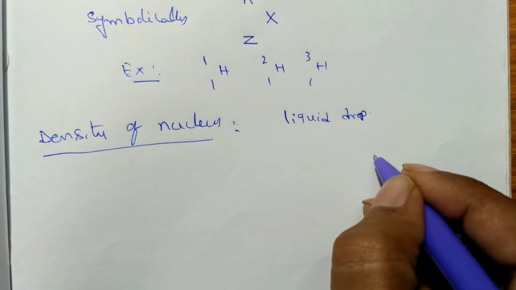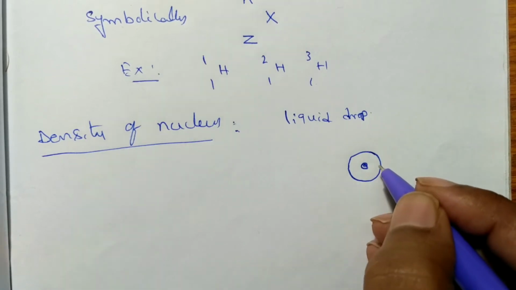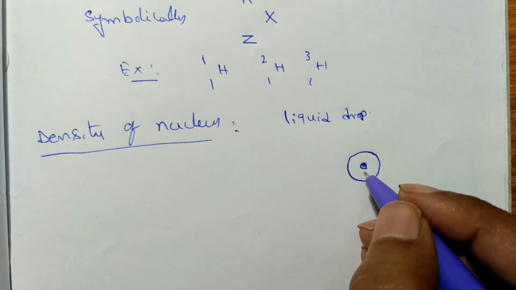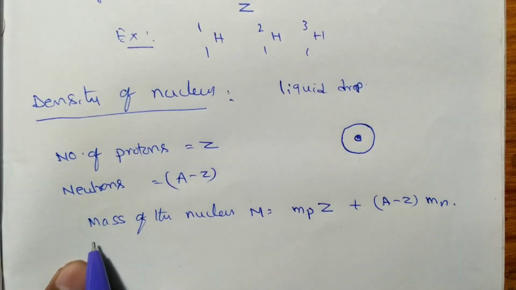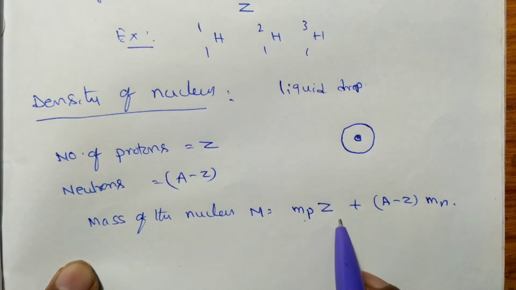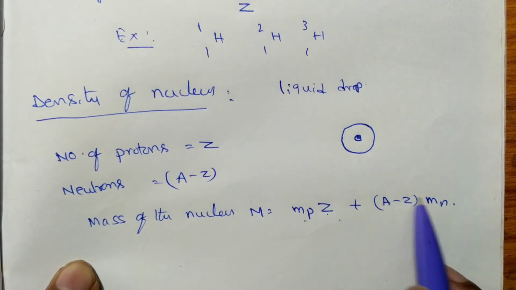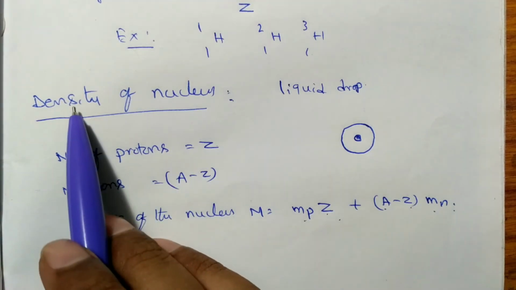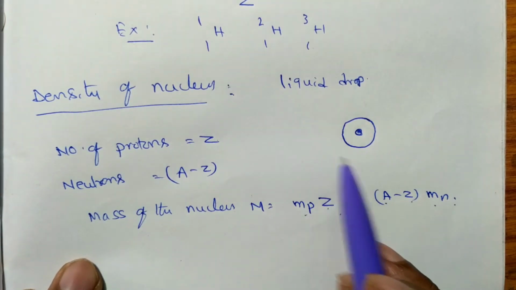So this nucleus is also imagined as a sphere, because it was compared with a liquid drop. Now the mass of the nucleus m is equal to mp into Z, mass of the proton into the atomic number, plus mass of the neutron into the number of neutrons, A minus Z. Here density means we have to find the mass by volume of the atom.